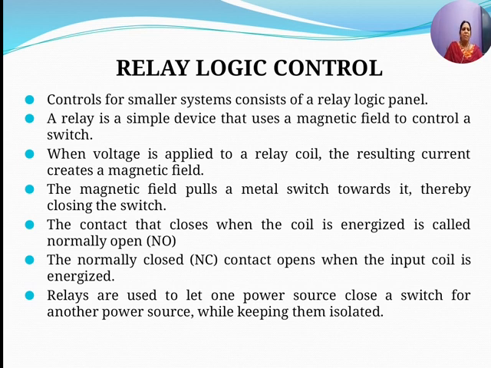For example, suppose in an industry you want to move an object from one place to another, which is generally done using a conveyor system. The electric motor will be coupled to the conveyor belt, so that when the motor runs, the conveyor belt will be moving and any object placed on it will be shifted from one place to another.